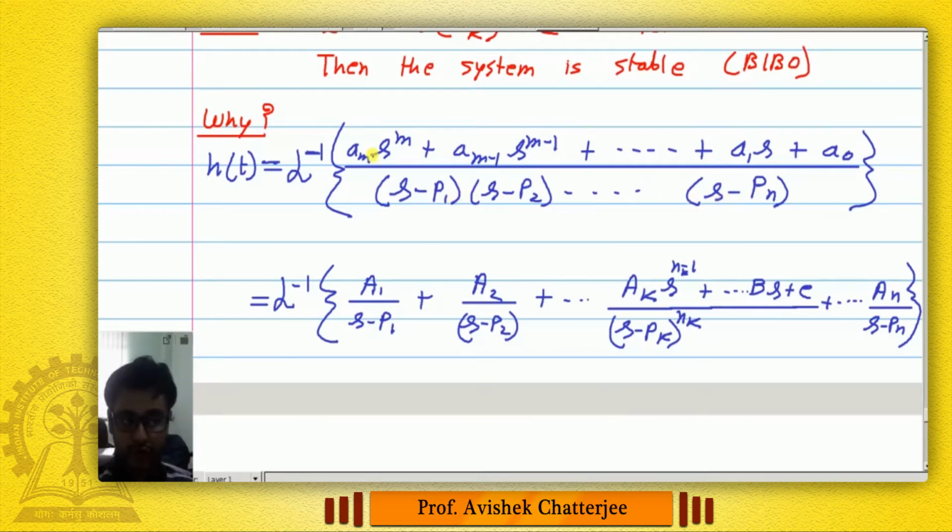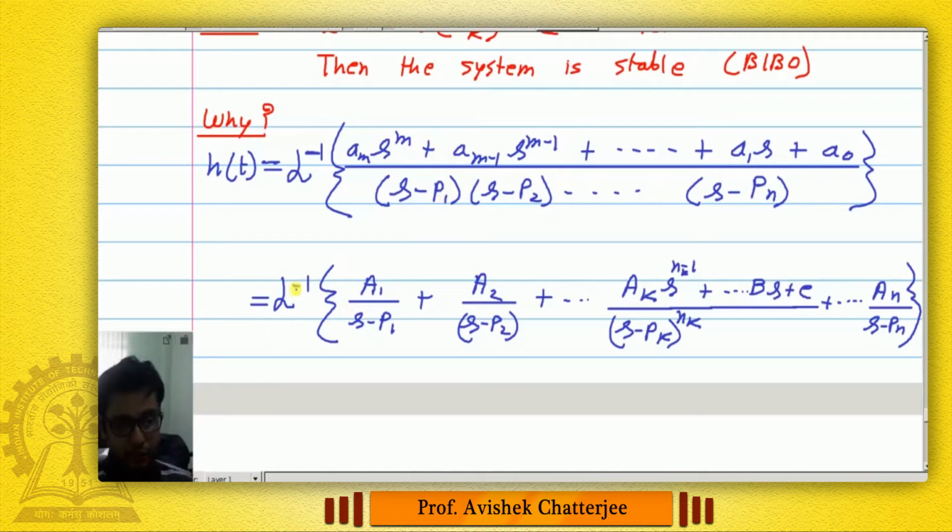Otherwise you have to first divide the numerator by the denominator and then write the partial fraction. So for us, the numerator degree m is less than the denominator degree n.